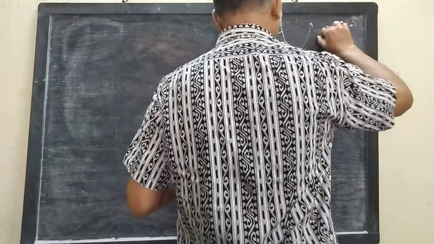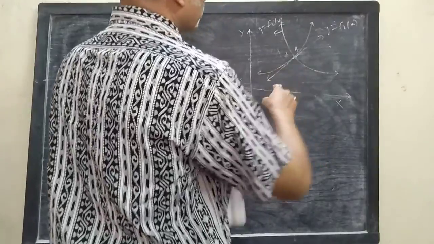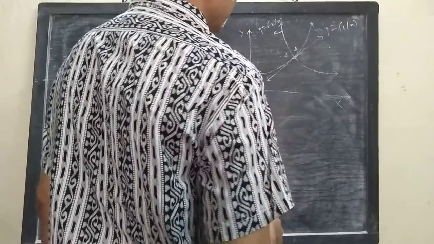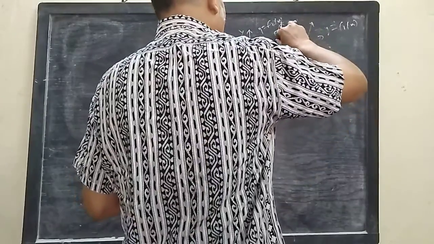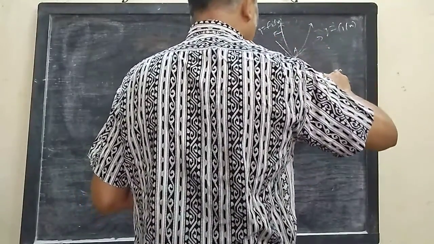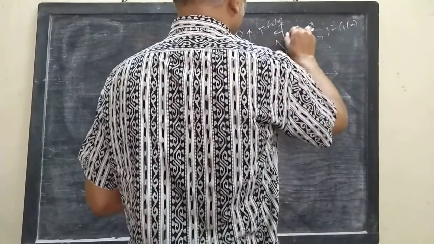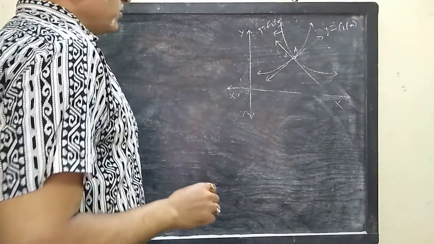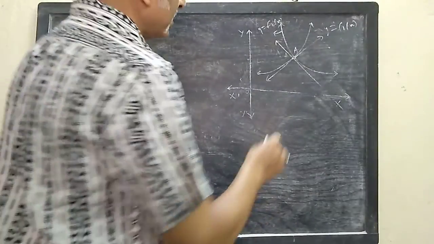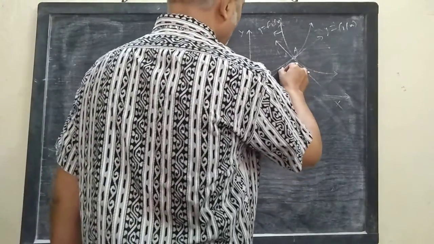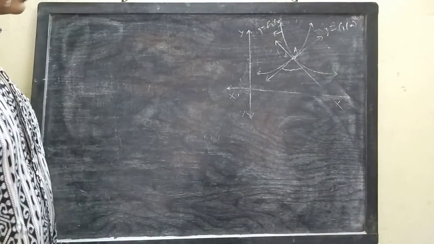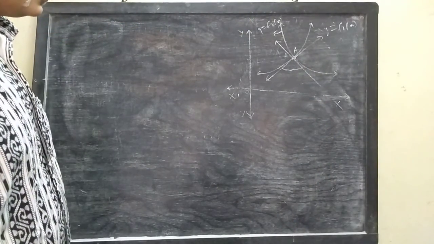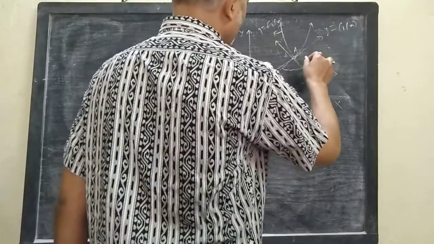Let us draw a tangent to the curve y equals f1(x) at A, that means at their point of intersection. Next, let us draw another tangent to the curve y equals f2(x) at their point of intersection A. Now the angle between these two tangents is the angle between the two curves at their point of intersection.